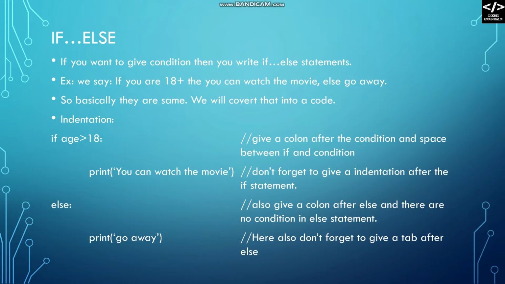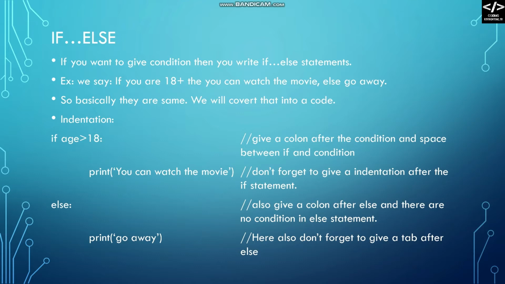Remember to give a colon after the condition and a space between the if and the condition. In the next line, do not forget to give an indentation after the if statement, either a single tab, double tab, space bar, two space bars, your call, but keep it uniform all over your entire code.